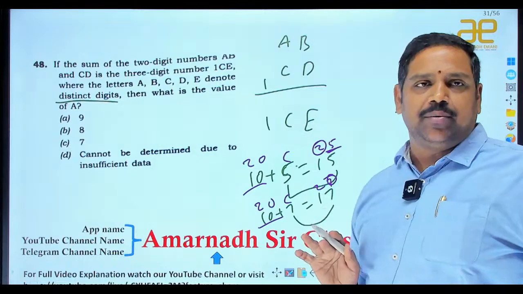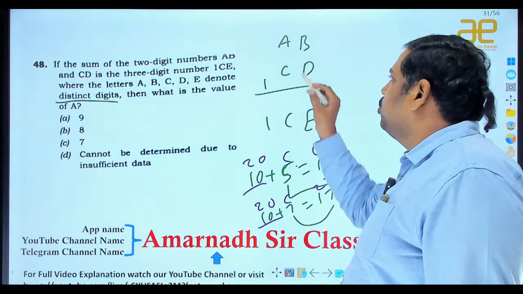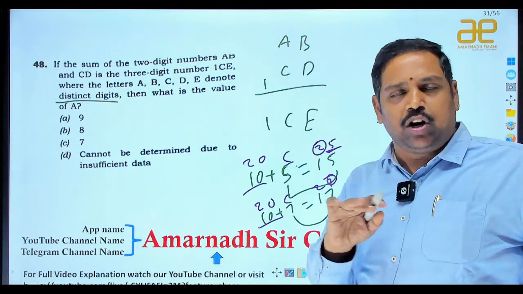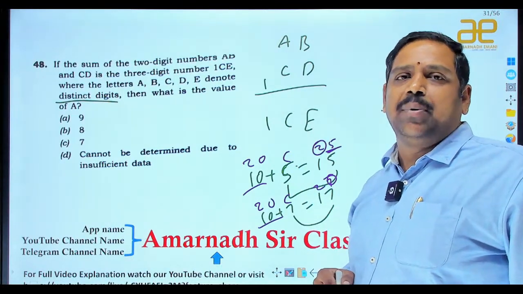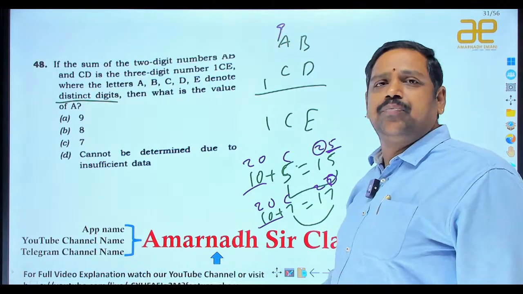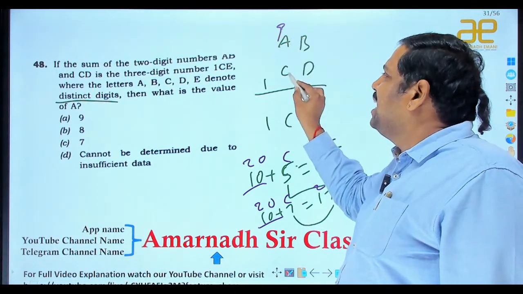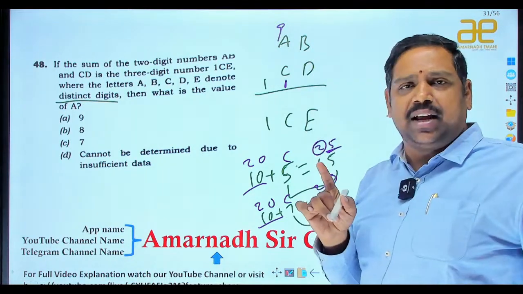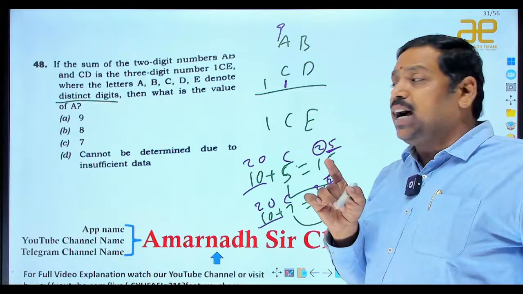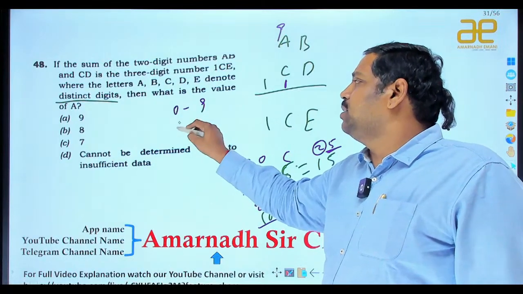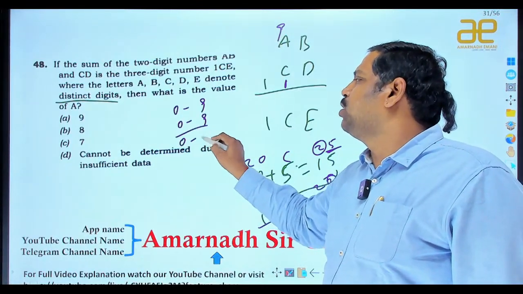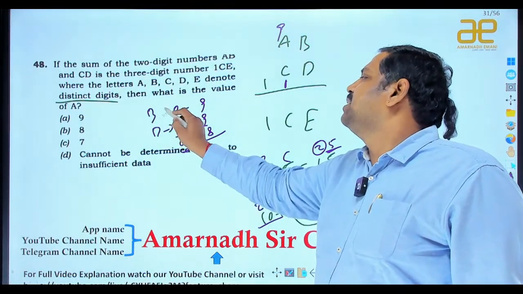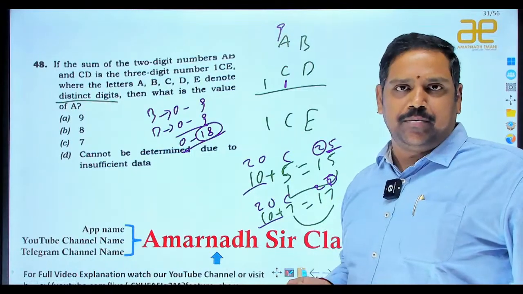Means matching, fine. But more than 20 is not a possibility, because the maximum value of A is 9. If you add any digits of B and D, a carry of 1 might come here, because every digit lies between 0 to 9. If you add them, the sum will be from 0 to 18 only, because B is a 1-digit number, D is a 1-digit number, right? The sum should be a maximum of 18.